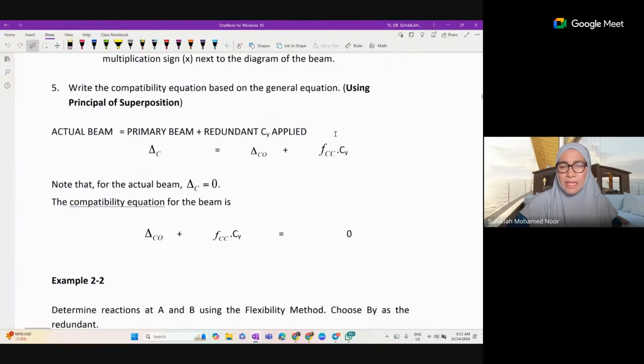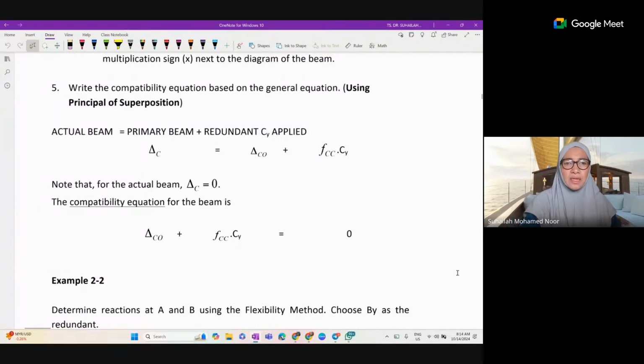The redundant beam is where the redundant CY is applied, and we apply the original condition in the actual beam where at C is a support. So at the support, delta C is equivalent to 0. So we finally write the compatibility equation again: delta C naught plus FCC times CY is equal to 0.